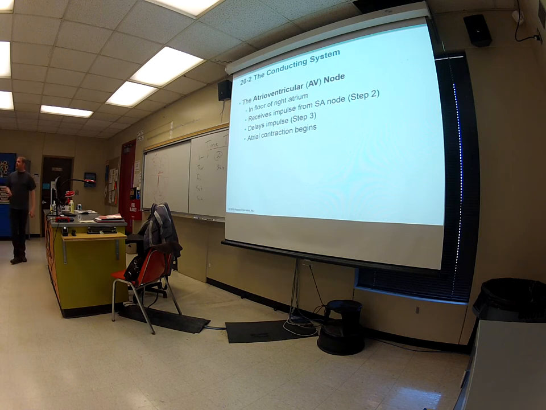How many beats per minute does a normal heart beat? 75. How many seconds are in a minute? So we're putting 75 in 60. Now do the math. It's craziness.